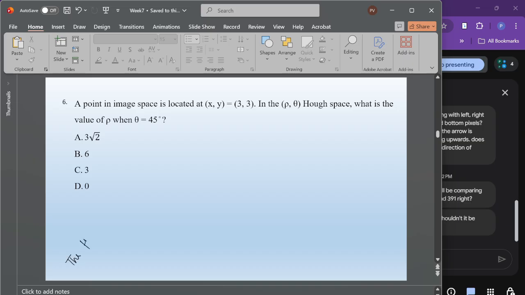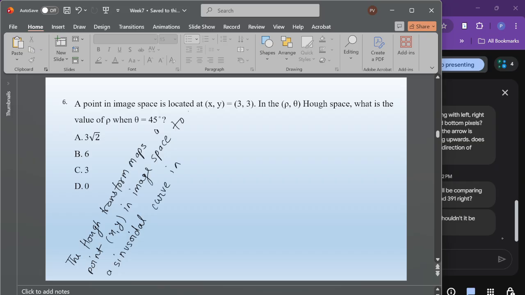The transform maps a point xy in image space to a sinusoidal curve in the rho-theta, that is parametric space, using equation.